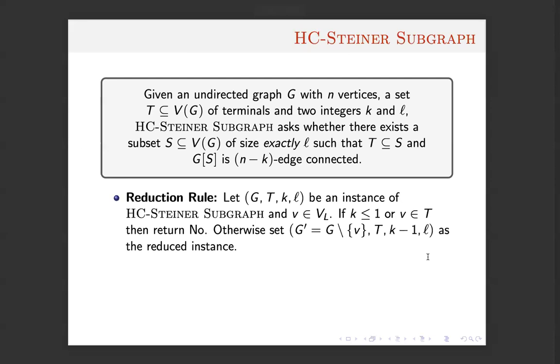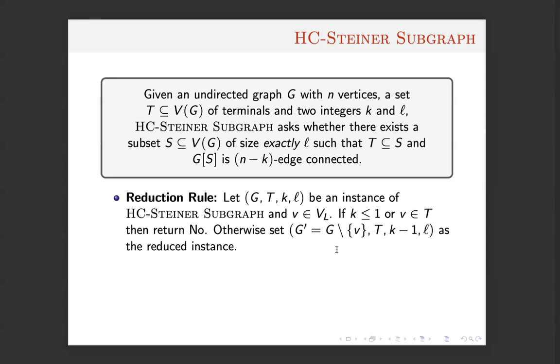Let us consider V, one of the vertices which has degree less than n minus k, so we denote that set as VL. So V belongs to VL. If k is less than or equal to 1, that means we are looking for an n minus 1 connected solution. So every vertex has to be in the solution, but here V is one vertex which doesn't have degree n minus k. So this is a no instance.